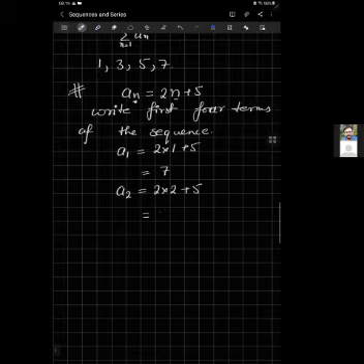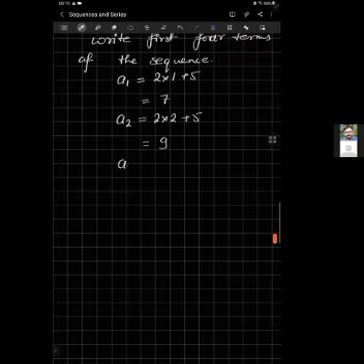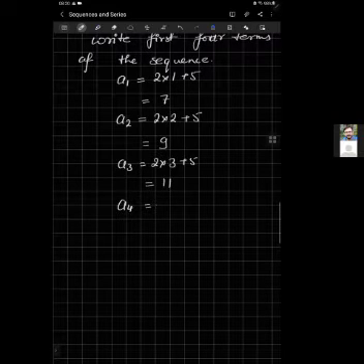So 4 plus 5, it will be 9. Now A3, 2 into 3, and I put now 3, plus 5, 11. Last A4, 2 into 4 plus 5, 13.